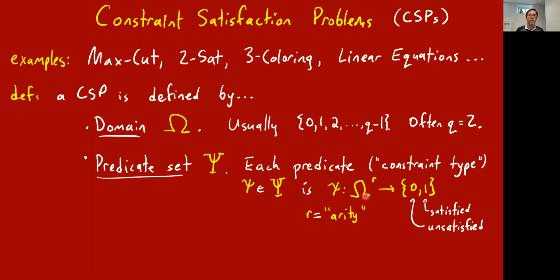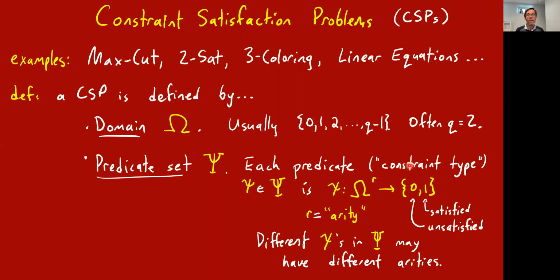So remember, for the 2SAT or E2SAT CSP, omega was true and false, and all the arities were 2. So our constraints, little psi, are supposed to map a pair of true-false values to 0 and 1, meaning satisfied or not satisfied. And indeed, the first one of the 4 constraints was the OR function, which maps a pair of truth values to 1, unless both those truth values are false.